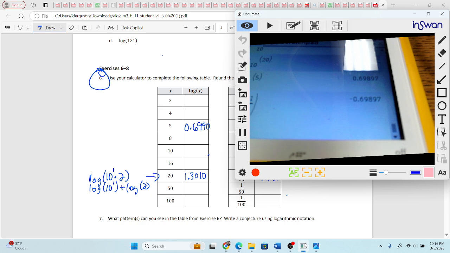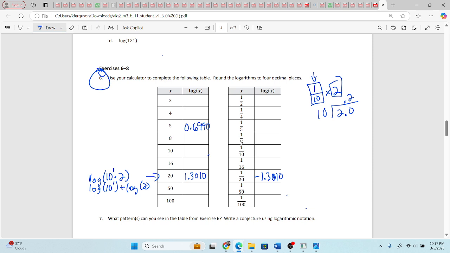Negative 0.6990. So when we're not dealing with up to 10, we're dealing below 10, it's just going to make this number negative. Because that is 1 over 10 times 5. And so here's my negative, and then that's my 5.